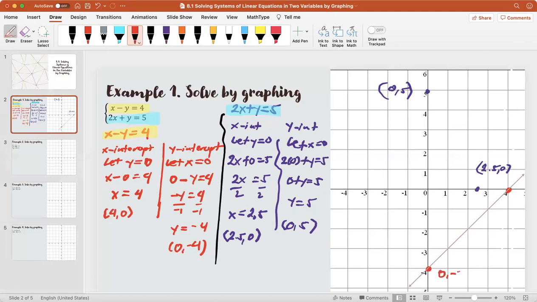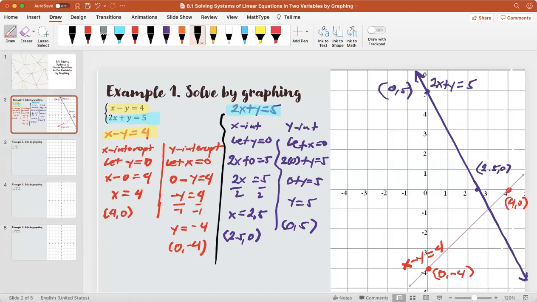This is (0, -4). And now let's connect the points for these two points. And that is our line, right? This is the graph of 2x plus y equals 5. And the other one is the graph of x minus y equals 4.